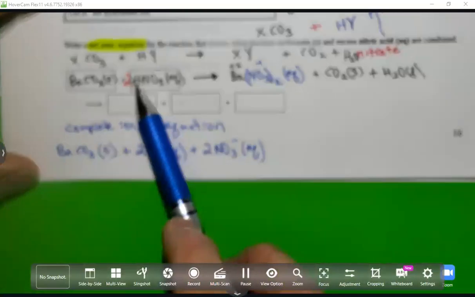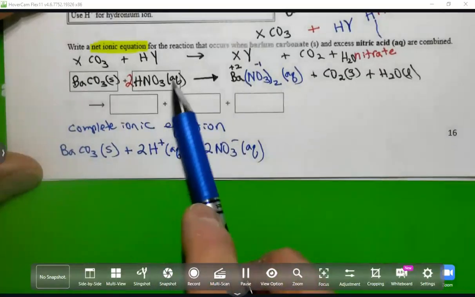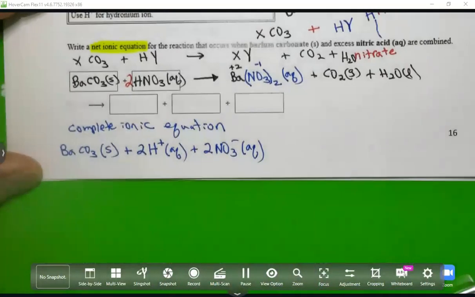Nitric acid, 2 H pluses and 2 NO3 minuses.